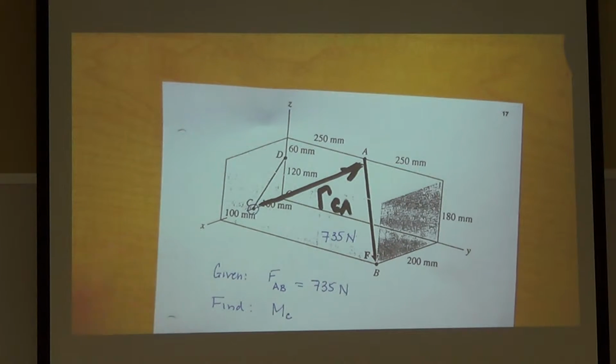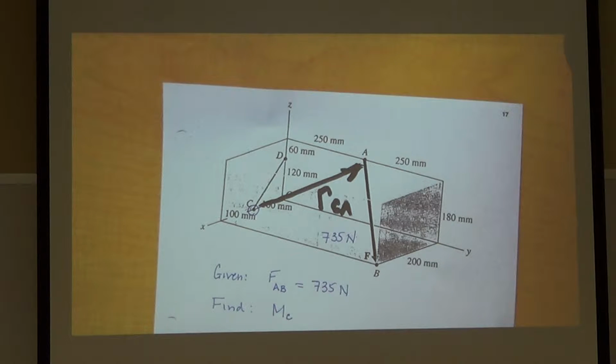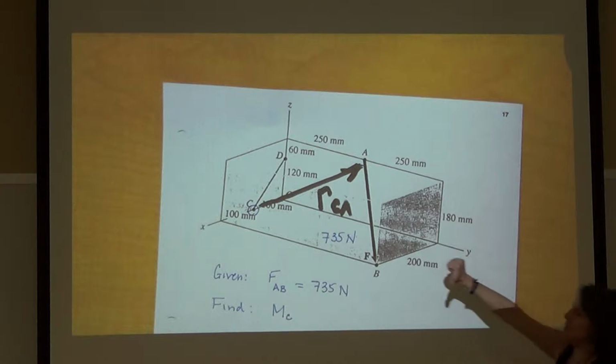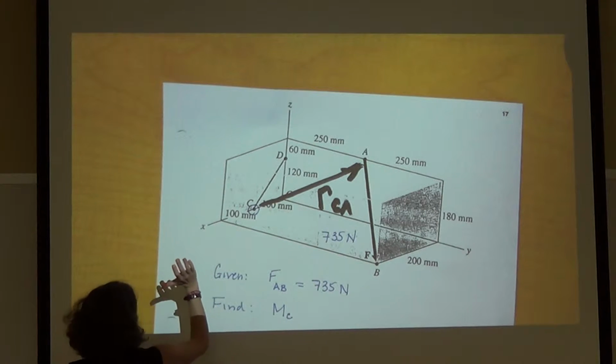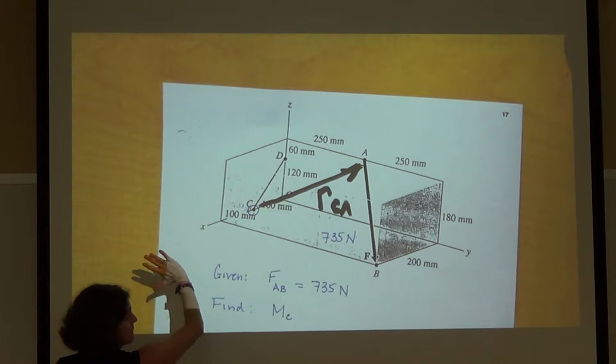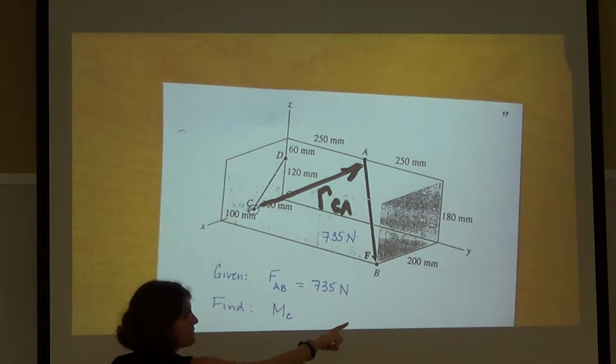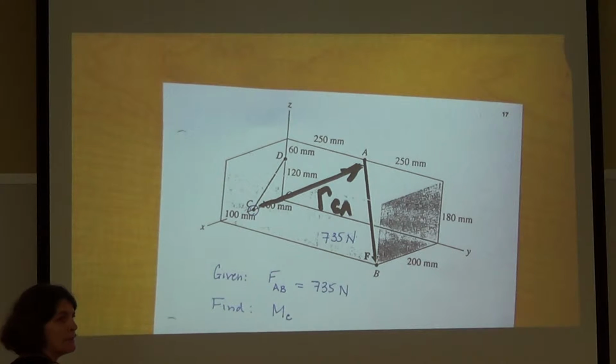So let's take a look at this. On your sheet of paper here, what kind of moment did you get? Did you get a positive or a negative? A negative moment. So negative. If I put my finger in the positive x direction, that's the positive spin, right? But I got a negative, so which way should I put my thumb?